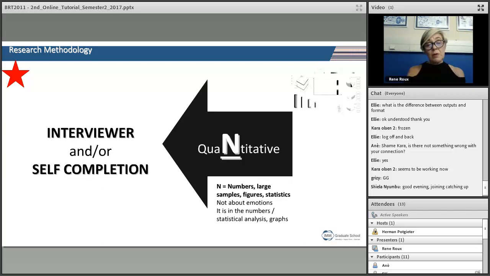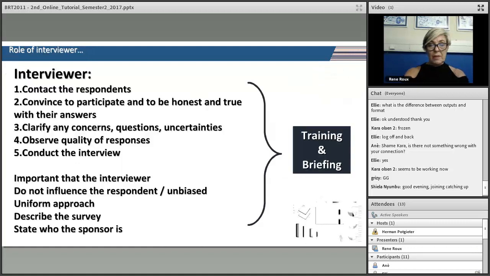Just remember also with quantitative, there's a questionnaire and the questionnaire gets asked by an interviewer. The interviewer goes through all the questions and asks the questions, or someone answers it on their own. So it's a self-completion. They sit on their own and they answer each question.